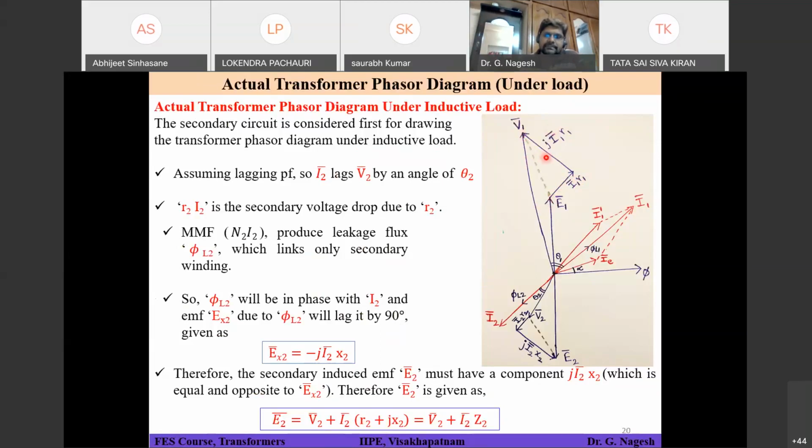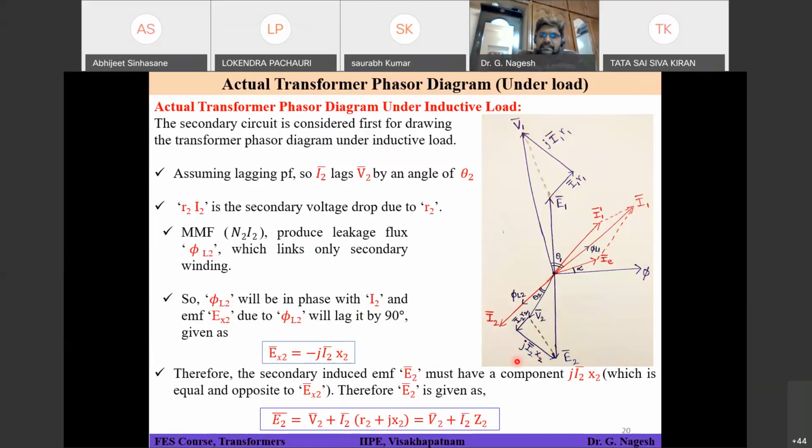Similarly, if you start at the secondary winding terminal, E2 is the one which was generated immediately after your core, in the secondary winding. So E2 is a voltage source. After that, everything should be a drop. V2 is the voltage at the load terminals, and next is I2 into R2, the voltage drop because of resistance, plus j into I2 into X2, the voltage drop in the secondary winding because of leakage reactance.